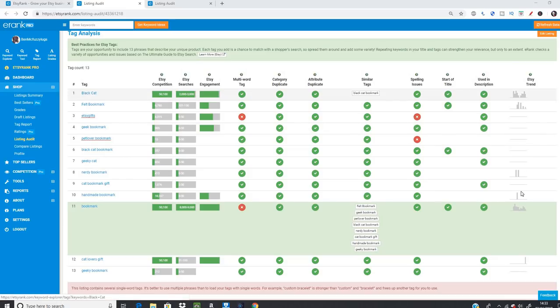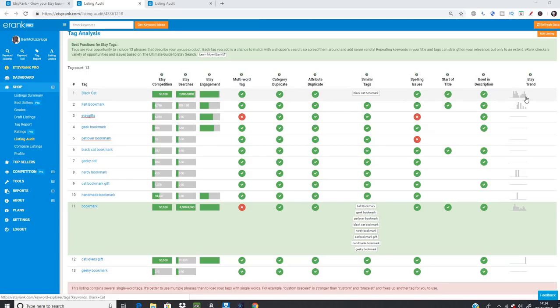And here again, fantastic, we have the graphs of the Etsy search data, and this is from real shoppers on Etsy. So we get an idea. This tag for the past, I think it's 18 months, let's check here, 15 months, I was close. So for the past 15 months, have people been searching for this?